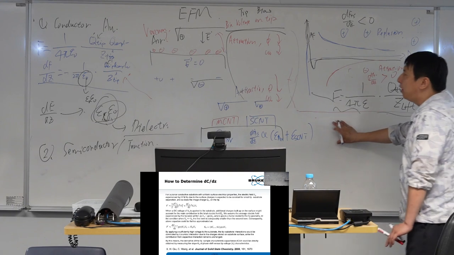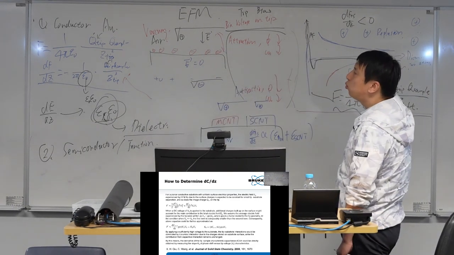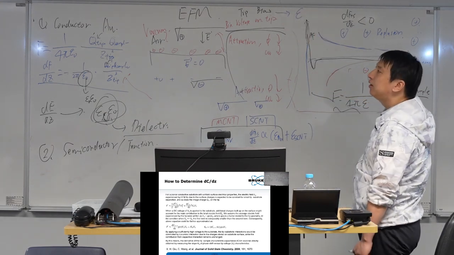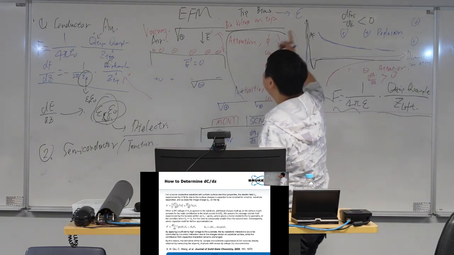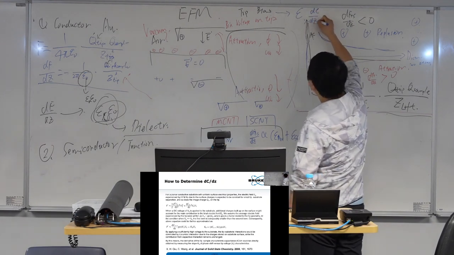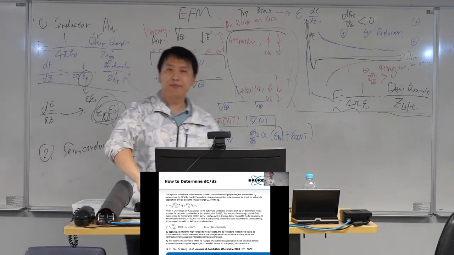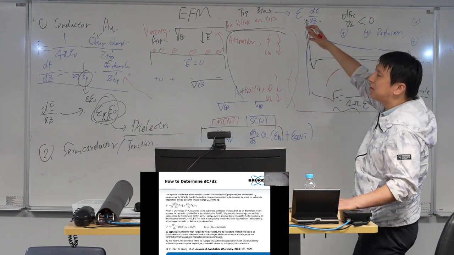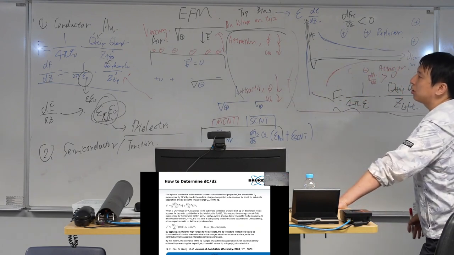So the EFM for a conductor or semiconductor is a way to detect the dielectric coefficient. And in the dielectric coefficient, there is another way to name it: dC over dz. C is the capacitance.